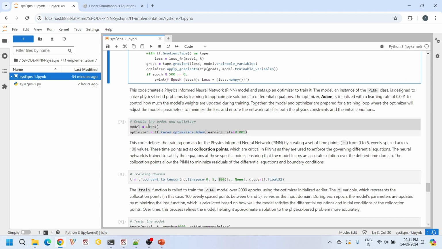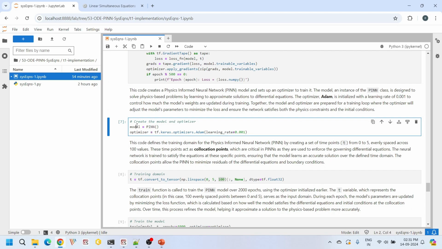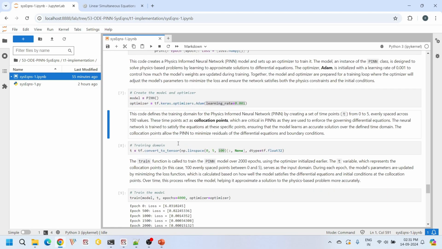Here I am initializing this PINN function into a variable called model, and after that I am defining the optimizer. In this tutorial we are using the Adam optimizer, with a learning rate of 0.001. As I said before, we can choose any number of collocation points, but for this tutorial I have chosen 100 collocation points within the time domain 0 to 5.